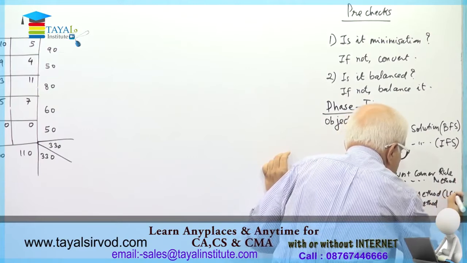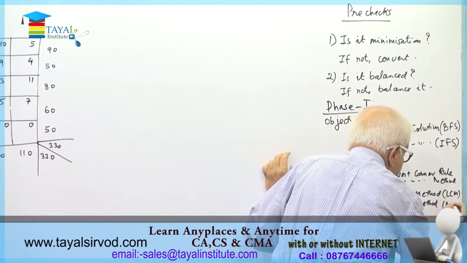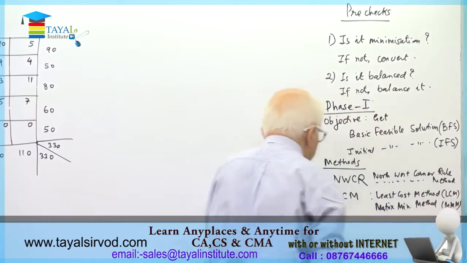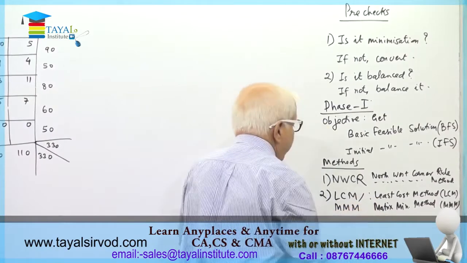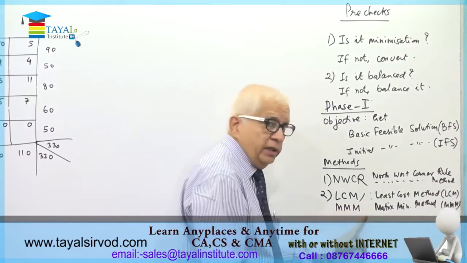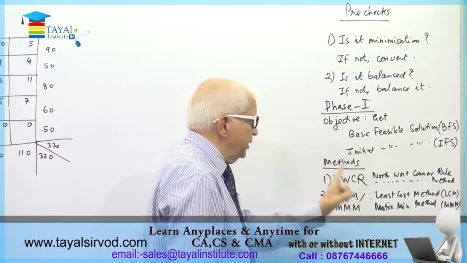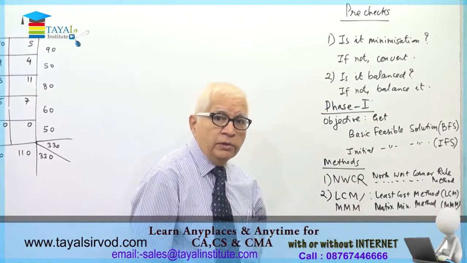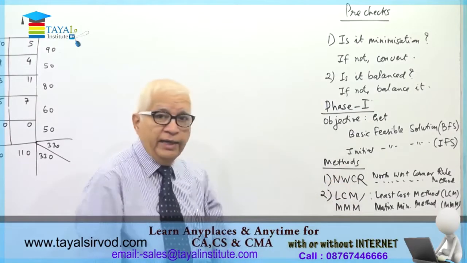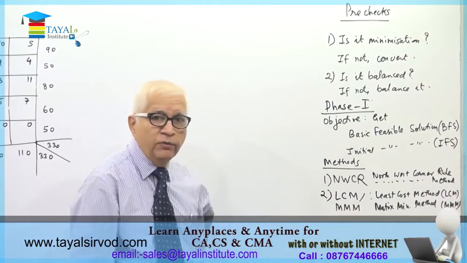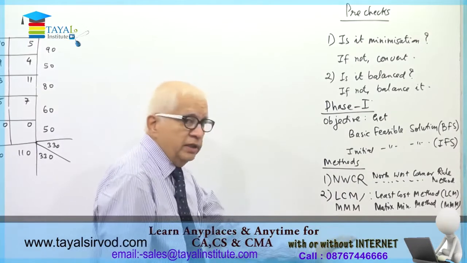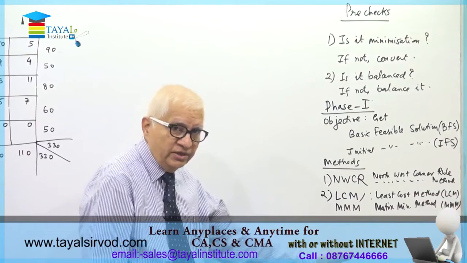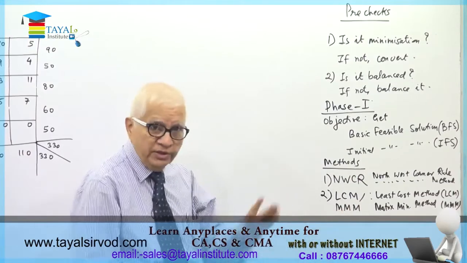So LCM or Matrix Minimum Method, MMM. Matrix Minimum Method or Least Cost Method. Both mean the same thing. Somewhere the words used are LCM, in some places you will find the word used is MMM. The purpose is same. This is least cost method, this is matrix minimum method. The methods are same actually. These are two names for the same method.